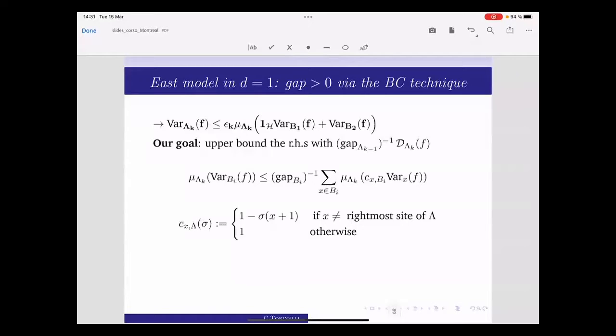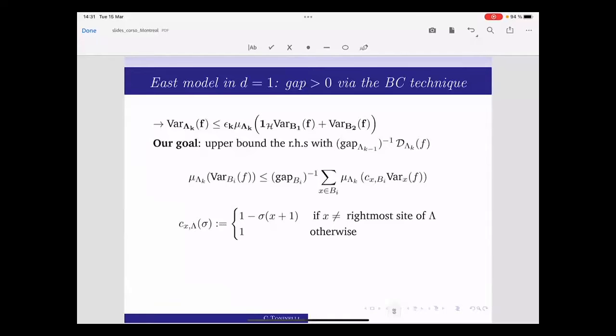Recall that the very definition of the spectral gap corresponds to the fact that the variance of any function over the given volume is upper bounded by the inverse of the spectral gap times its Dirichlet form. Here one could be tempted to say: on the right hand side I have the sum of two variances, so why don't I upper bound each of the two variances with the corresponding relaxation time for the East dynamics times its Dirichlet form?